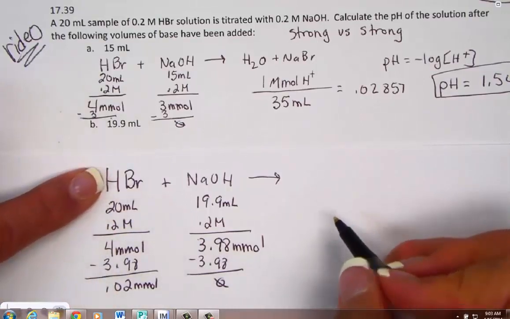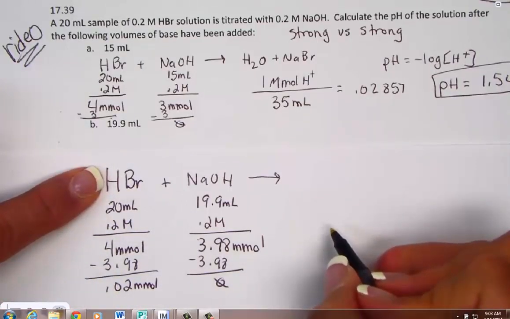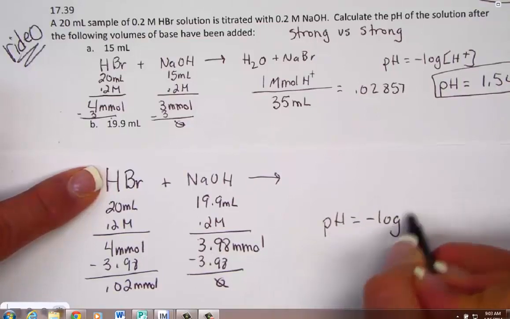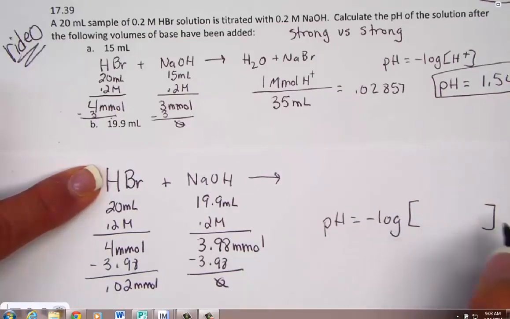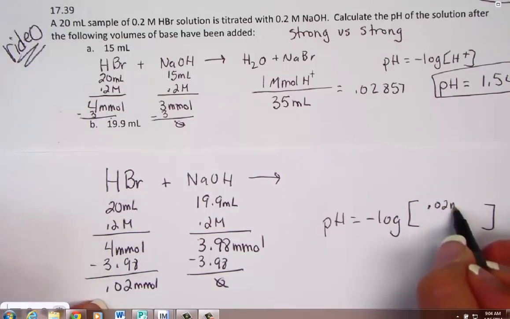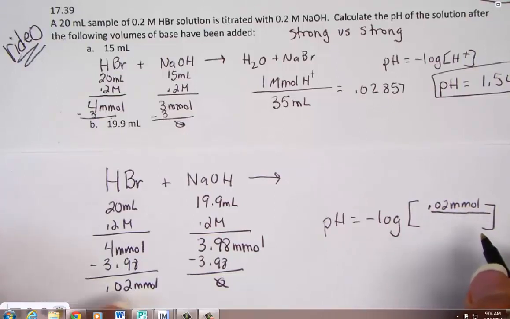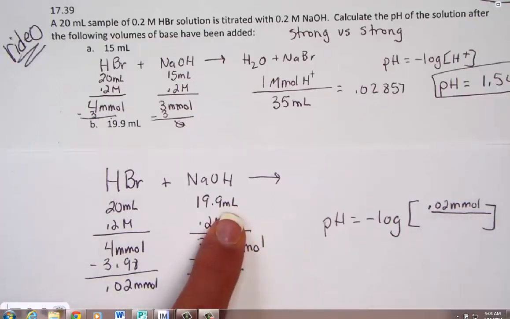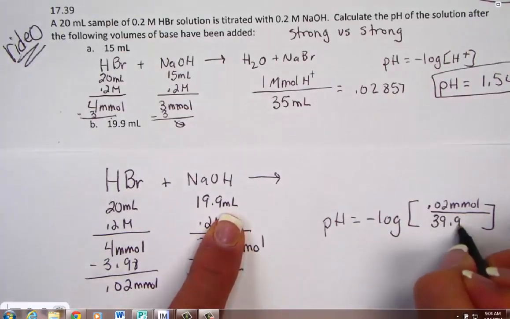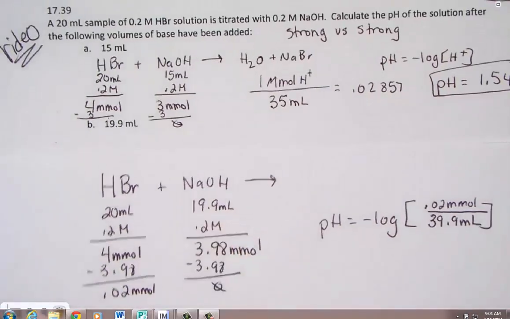So again, the acid is in excess, so pH can be calculated directly by taking the negative log of the concentration, millimoles over new combined volume. We had 0.02 millimoles of the acid ion in excess, and the new combined volume is 20 plus 19.9, giving us a total of 39.9 milliliters.